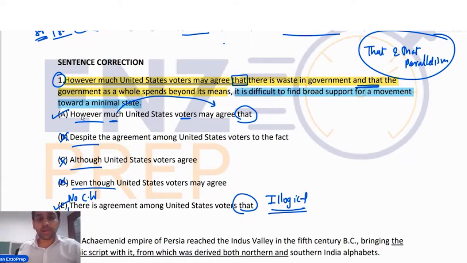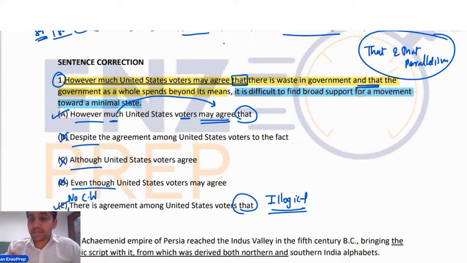Similarly, when you say, however much United States voters may agree, the word much is not referring to voters, but to the intensity of agreement. So a lot of people end up eliminating option A thinking that the word much goes back to voters. But that's actually not the case. It's going back to may agree. Voters are countable, and if you want to qualify voters using a qualifier, you would have used many, not much.